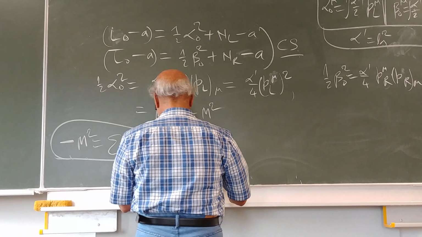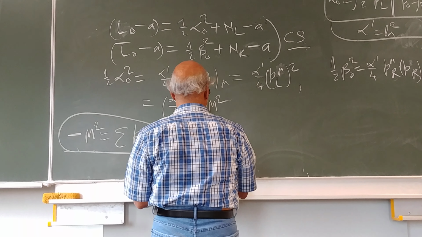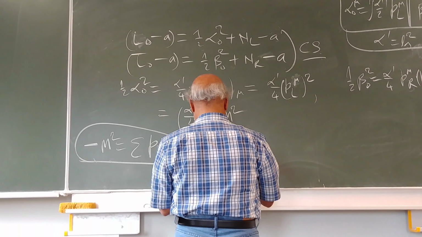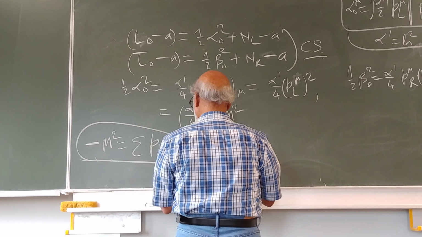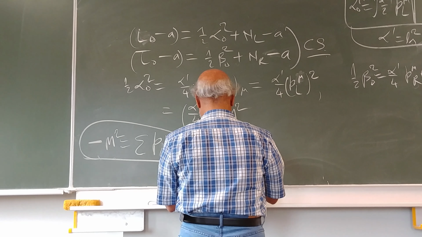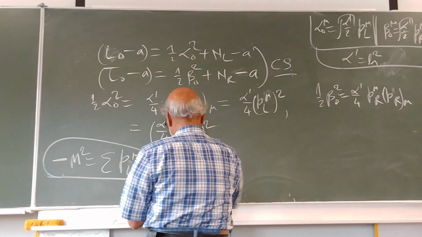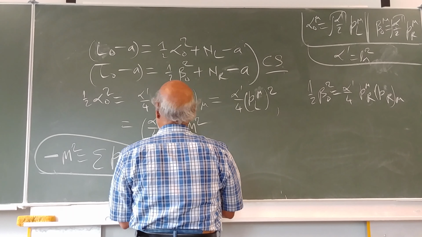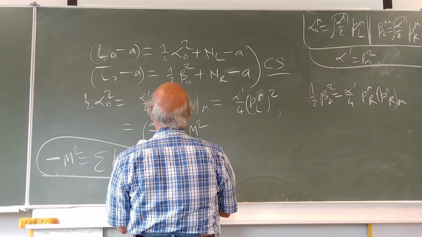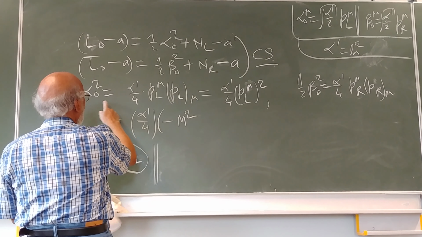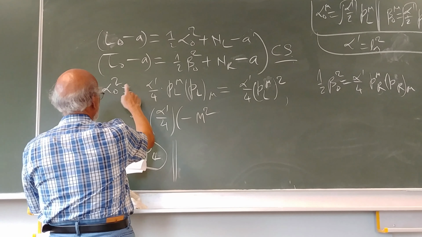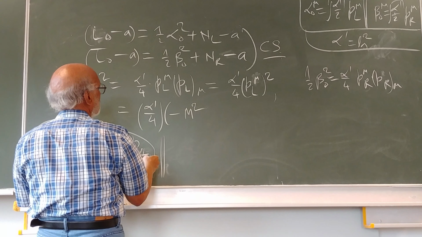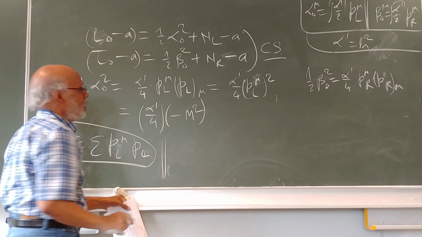minus m square. What am I doing? So 1/2 alpha 0 square, this is only one term.